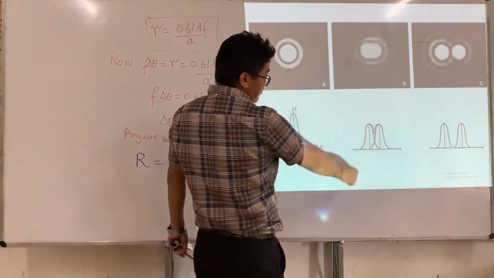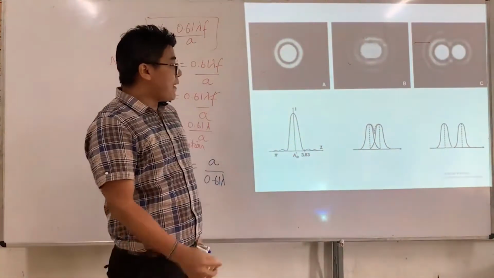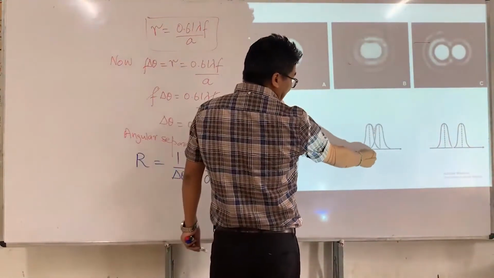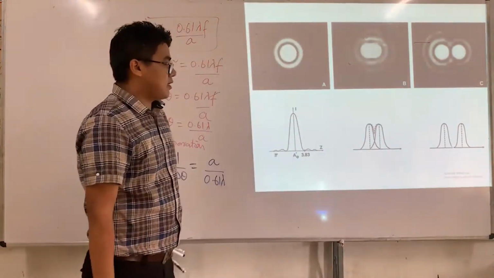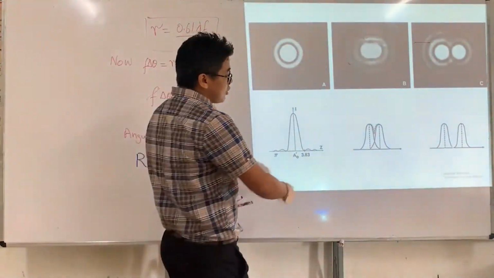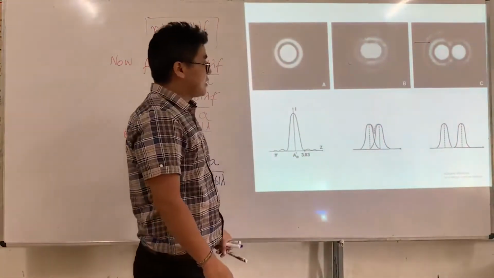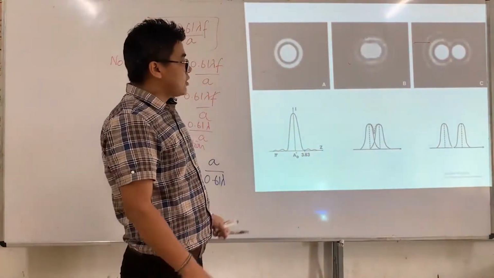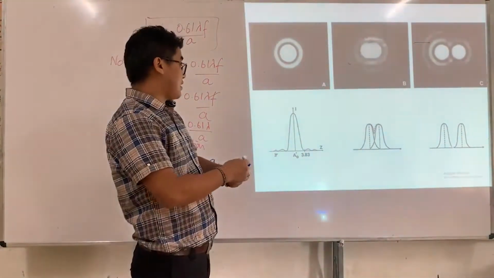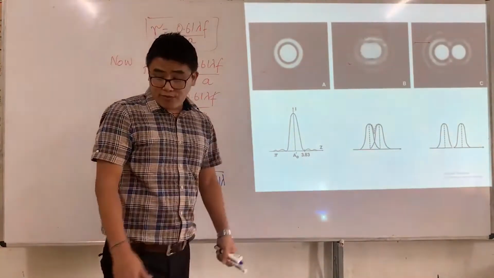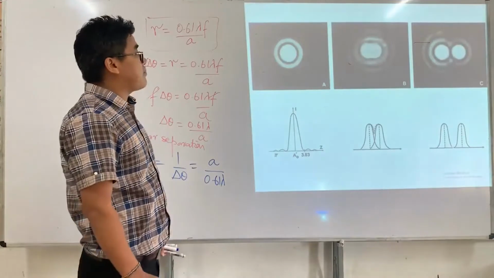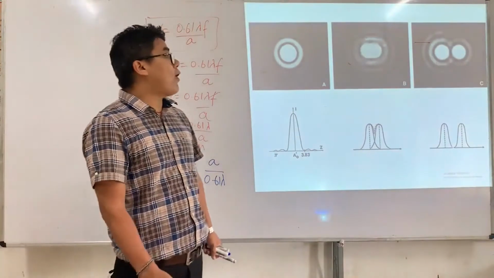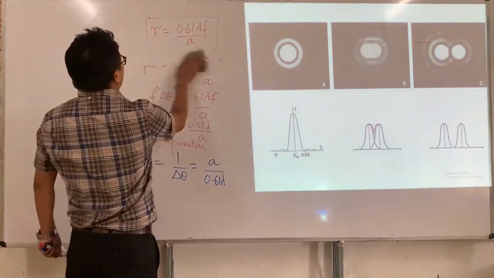Just resolved is when the peak of one bright spot, or central bright, coincides with the next dark position. And this is completely resolved. We represent this in terms of a wave, a diffraction pattern, and this is all about the resolving power of a telescope.